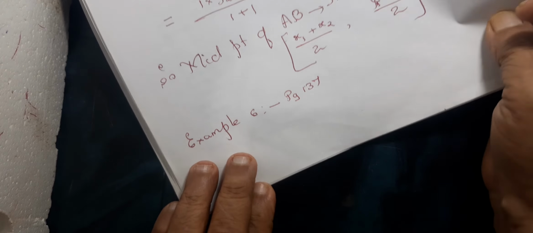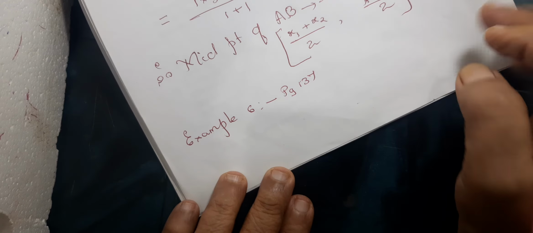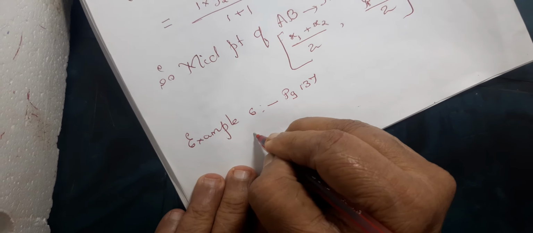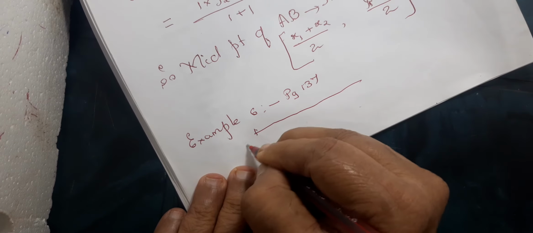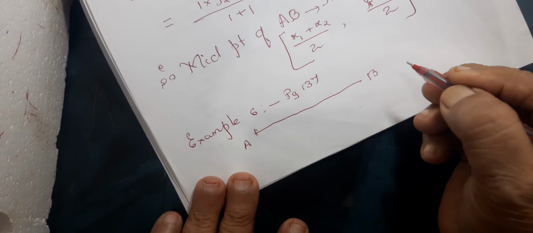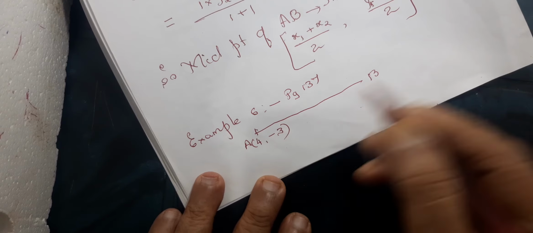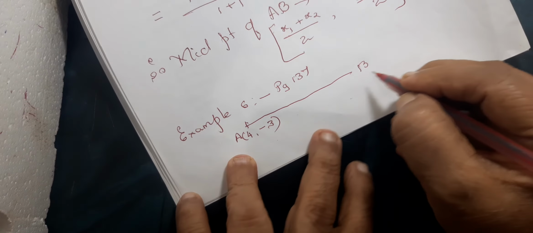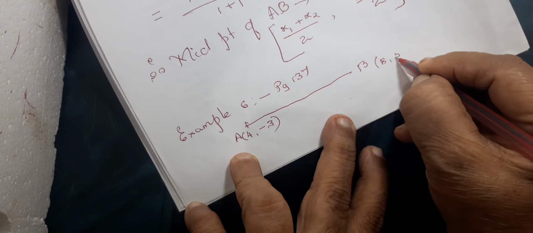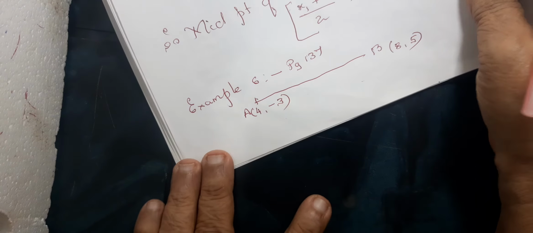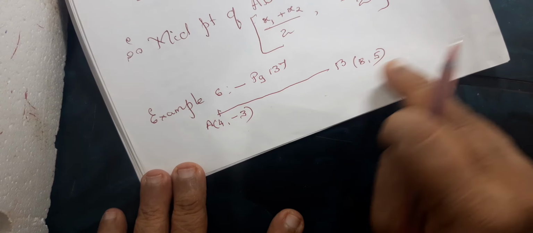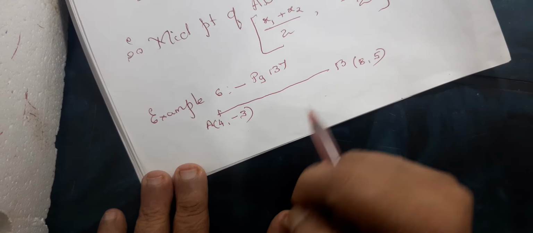I have the habit of always drawing a figure for any sum because it's geometry. So A and B. A's coordinates I will denote here as 4 and -3, and the coordinates of B will be 8, 5. You should do it like this only. Draw a line like this, and write A and B there.